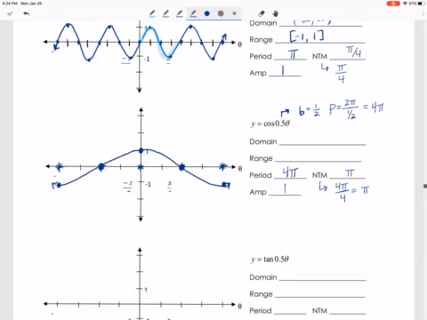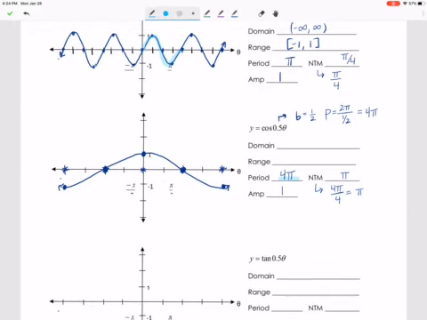You might notice that it obviously does not look complete. That makes sense because if my period is 4 pi, currently I can see 2 to the left, 2 to the right, which is a total of 4.